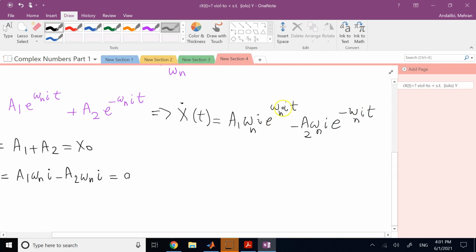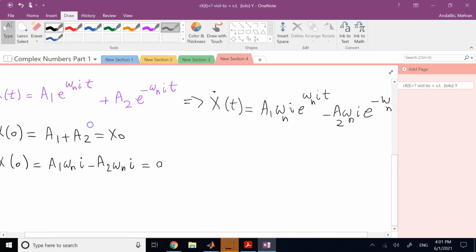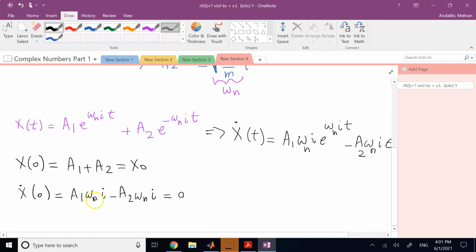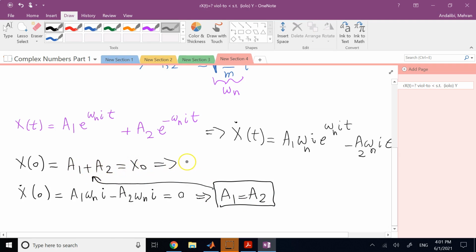And now if I plug in 0, the exponentials are going to be 1, and you will get this. Now from here, since omega n and i are non-zero, clearly the only solution is a1 equals a2. And if I plug this up here, since they are the same, it is going to be 2 a1 equals x naught. So a1 is equal to a2, and it's equal to x naught over 2. Okay, so these are those two unknown coefficients that I found through the initial conditions.